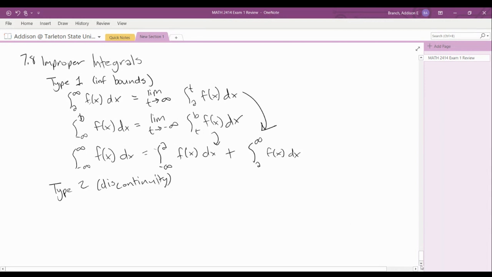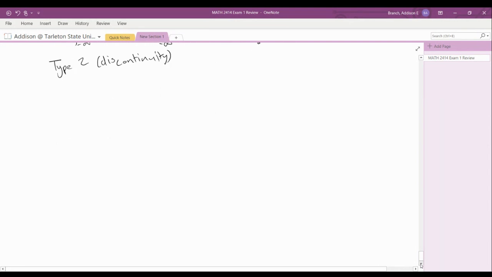So what this can look like is if we know that our function is continuous at a and then has a discontinuity at b, so we have a parenthesis at b, and we have the integral from a to b.